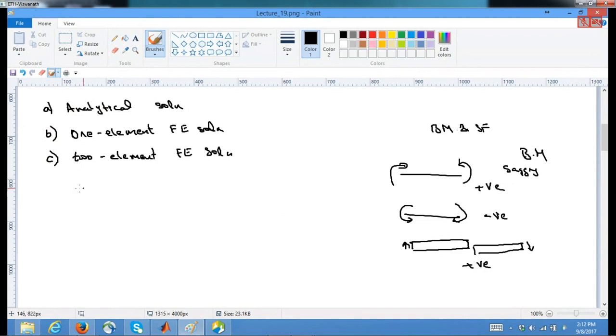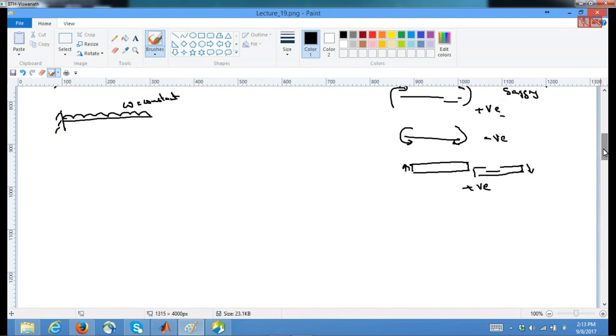Okay, let us take this cantilever beam, which has a uniformly distributed load where W is a constant. That is the problem we are solving. At a distance x, where x is measured from here, total length is L with a flexural rigidity EI.